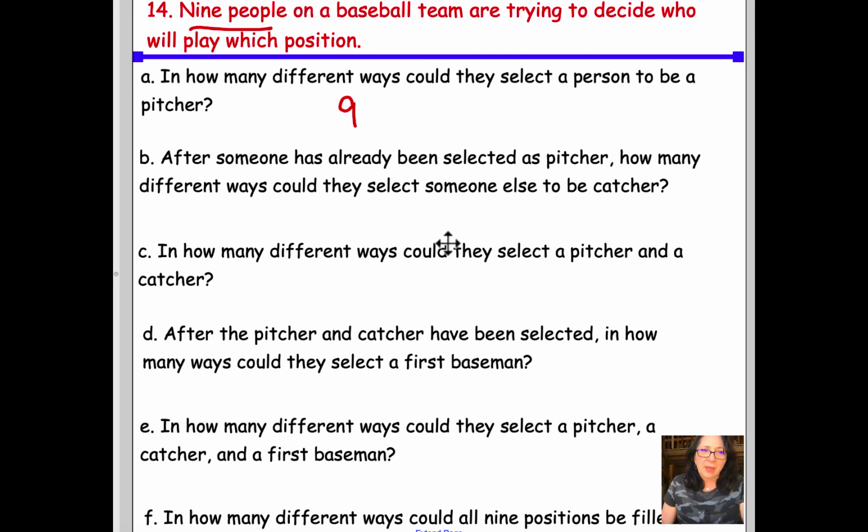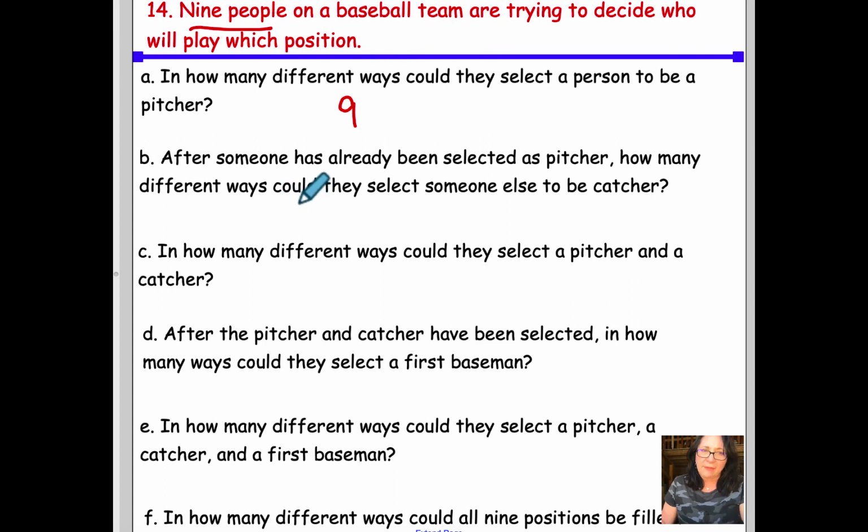But if you think about it, after someone has already been selected as a pitcher, how many different ways could they select someone else to be the catcher? So when you think about that, you've already given up 1 person.